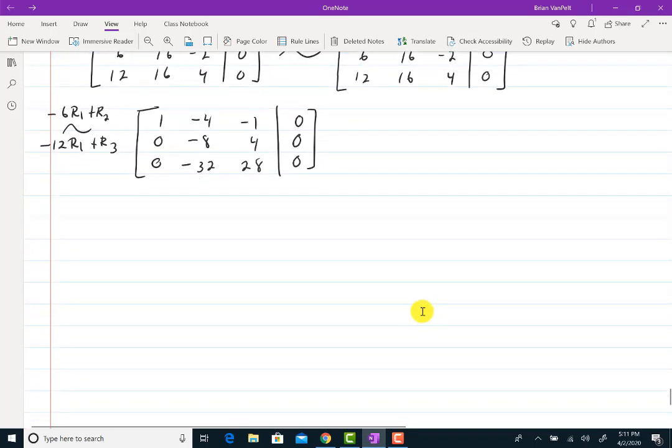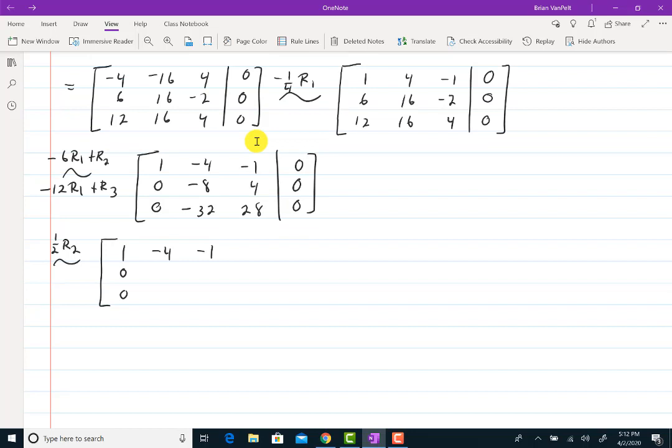All right, now for this part, I'm going to use the second row to wipe out the first and the third rows, at least what I can in the first row. But I think what I'll do first is divide this one by 2. So let me do 1/2 R2. And then this here is a positive. But I'll tell you what, when you make a mistake, you really have to go hunting for it. Anyways, let me see what we get here.